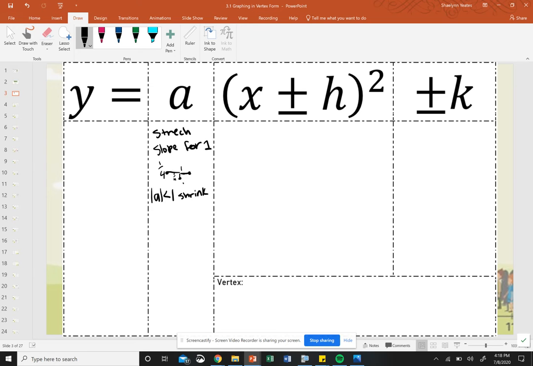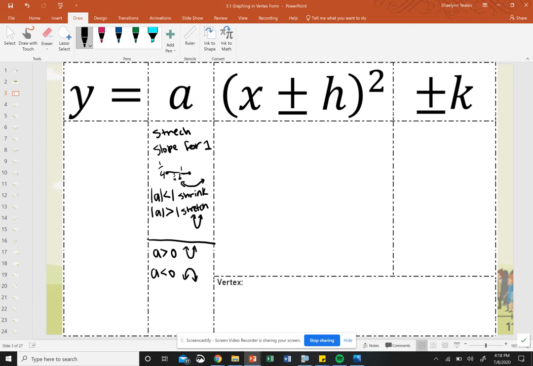It's going to be like a really wide smiley face. If the absolute value of A is greater than 1, it's going to be a stretch. Like a rubber band stretches, it's going to be nice and skinny. Like this. Okay, and then if A is greater than 0, or if A is positive, it'll be a smiley face because it's positive. And if A is less than 0, it'll be a frowny face because it's negative. Okay, any questions there?